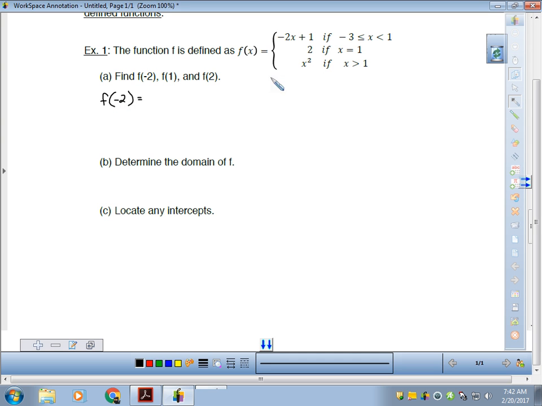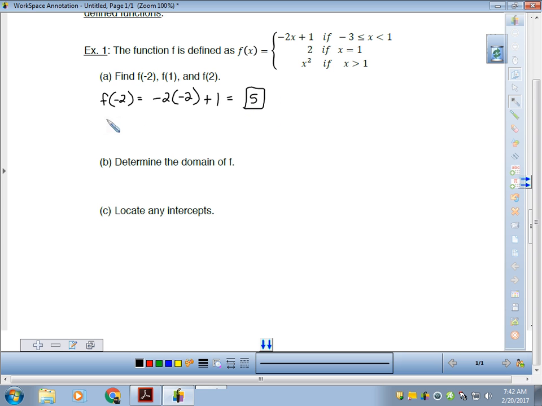We need to figure out which piece we can plug -2 into. Is -2 greater than 1? No. Is -2 equal to 1? No. Is -2 between -3 and 1? Yes. So I get to use this piece, which means I'll have -2 times -2 plus 1. -2 times -2 is positive 4, plus 1 gives us 5.